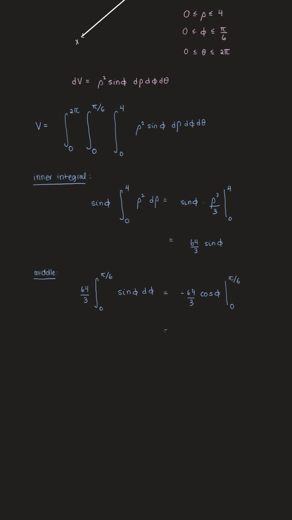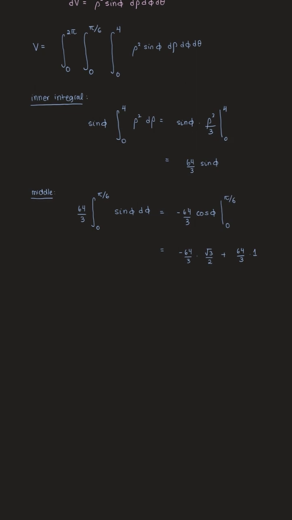Cosine of pi over 6 is the square root of 3 over 2. Now we have to subtract the negative, so add 64 thirds times cosine of 0, which is 1. Here we can rewrite this as 64 thirds times 1 minus the square root of 3 over 2, which is all a constant.